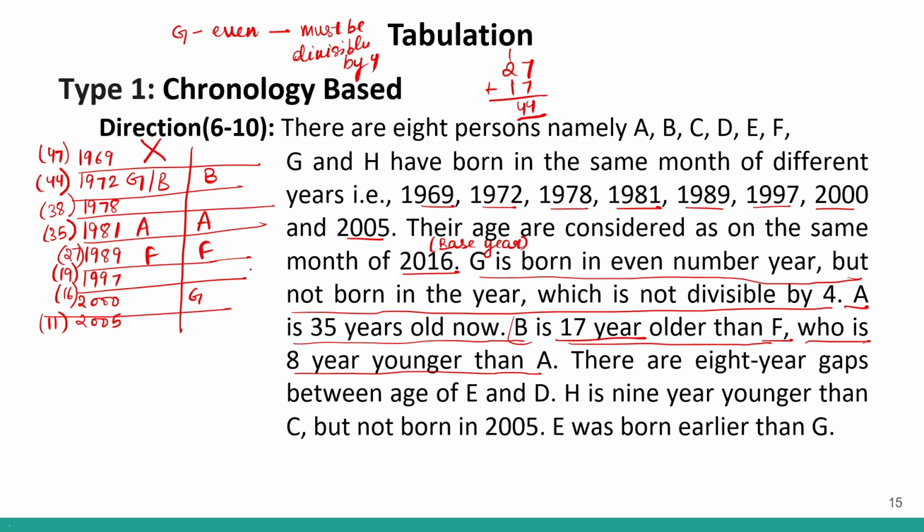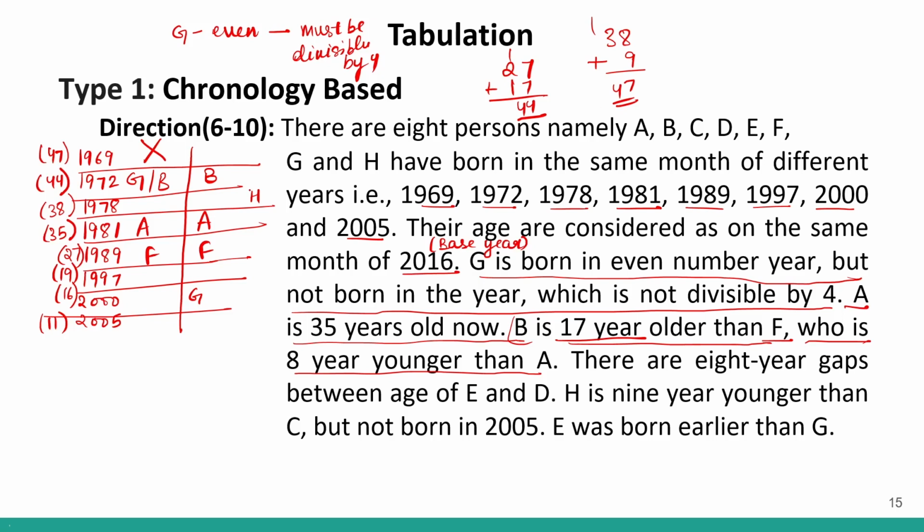So let's say the next position H is over here. 9 years younger. That means 19 plus 9. So the next age will be 28. But do we have an age for 28? No. So let's keep H at this position, 38. Correct? In 38, if I add 9 years, I'll get 47. So I do have 47.